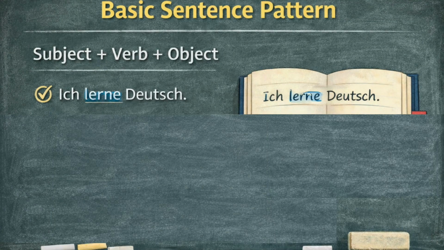I am learning German. Ich is the subject. Lerne is the verb. Verb means a doing word. And in this case, it's the conjugated form of the verb lernen, to learn. And Deutsch is the object.